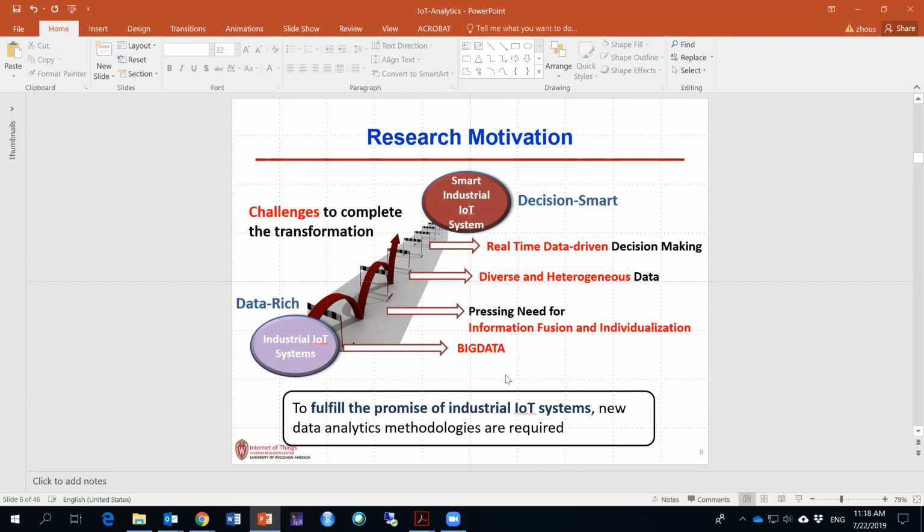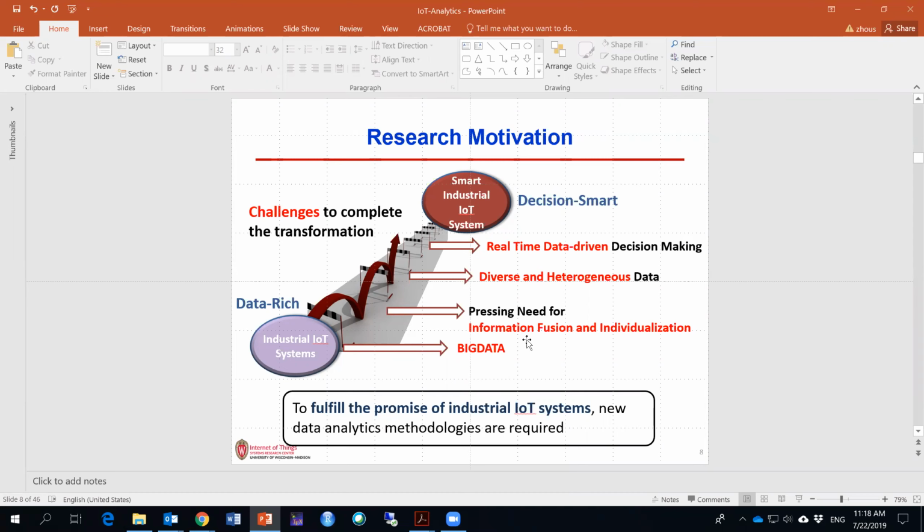Because in an IoT system, we often collect data from a large number of devices and products in the field. So the data volume typically is high. For example, in a typical automotive IoT system, like in the OnStar system from General Motors, in 1 month, they could collect terabytes of data from all the cars in the field from General Motors. So it's a large data set.